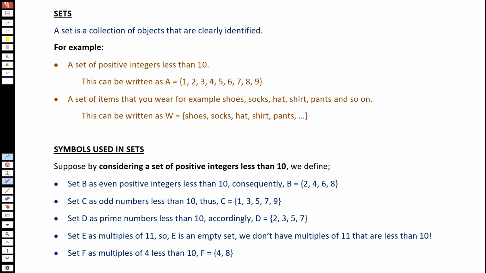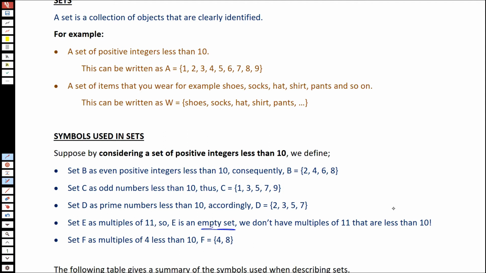An empty set is basically a set that has nothing in it, because you don't have multiples of 11 that are less than 10. And then set F, if we define set F as multiples of 4 less than 10, then set F will just have two numbers, 4 and 8, and it's represented like that.